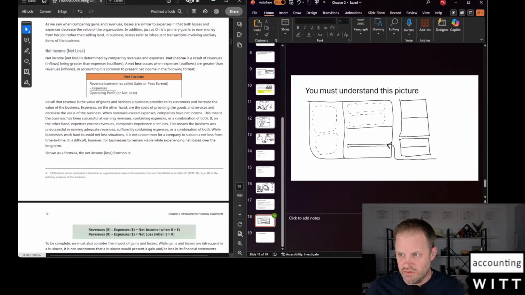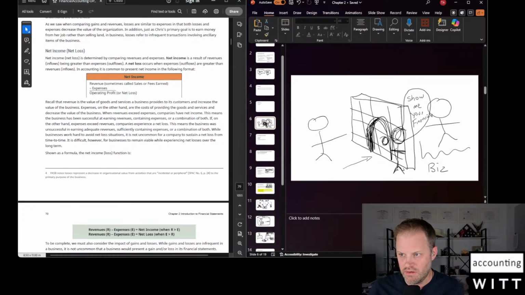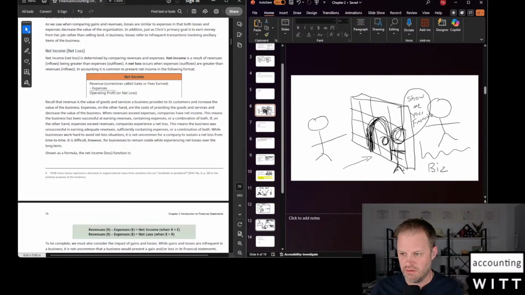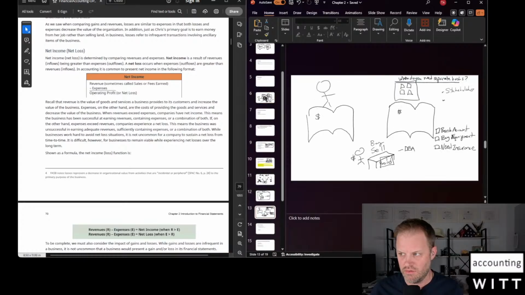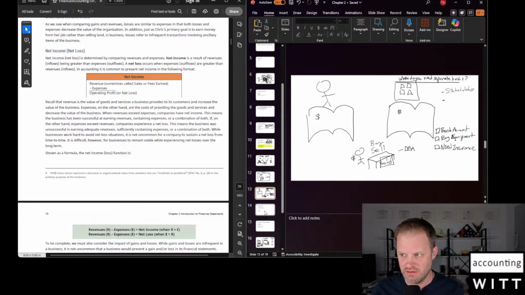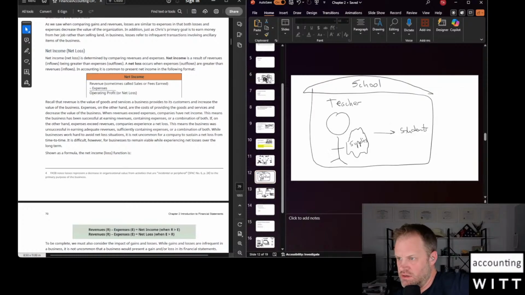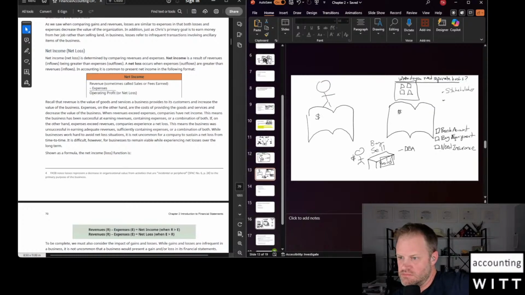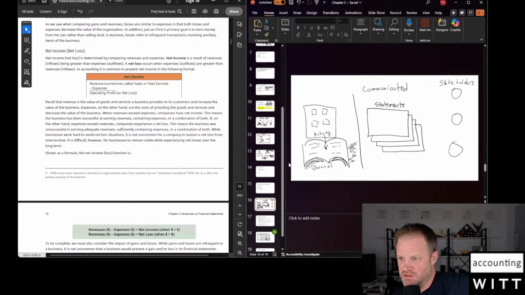If you want to get through this wall and you want to know how a business, how an organization shares its story, so I think this is the main picture.